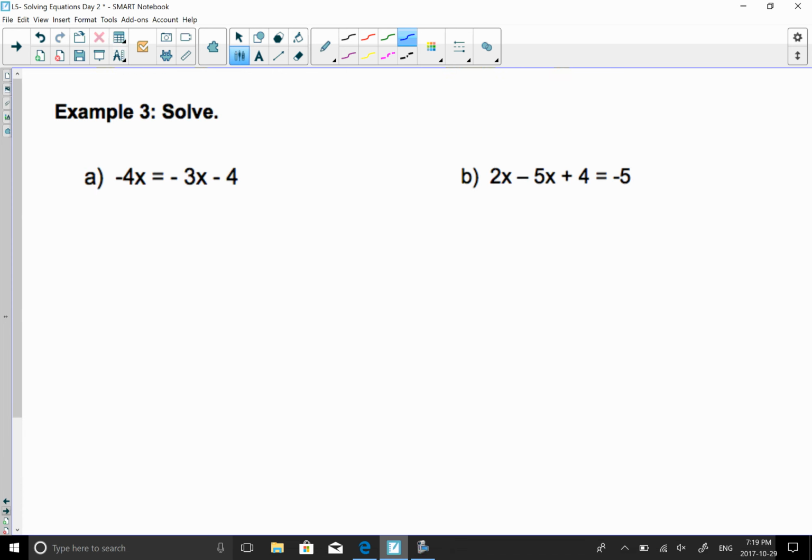Okay, a couple more examples. So I usually like my variables on one side, numbers on the other.